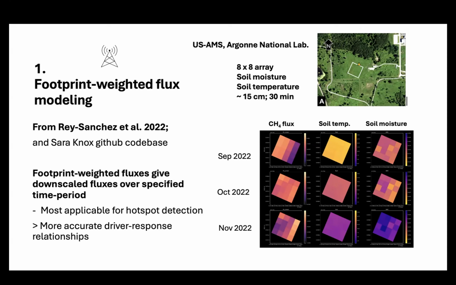In this case, we're exploring at Argonne National Lab, doing this downscaling to link spatially explicit methane fluxes within the footprint, soil temperature, and moisture. So I think this is a generally promising way to maybe downscale first and then get more specific information to upscale.